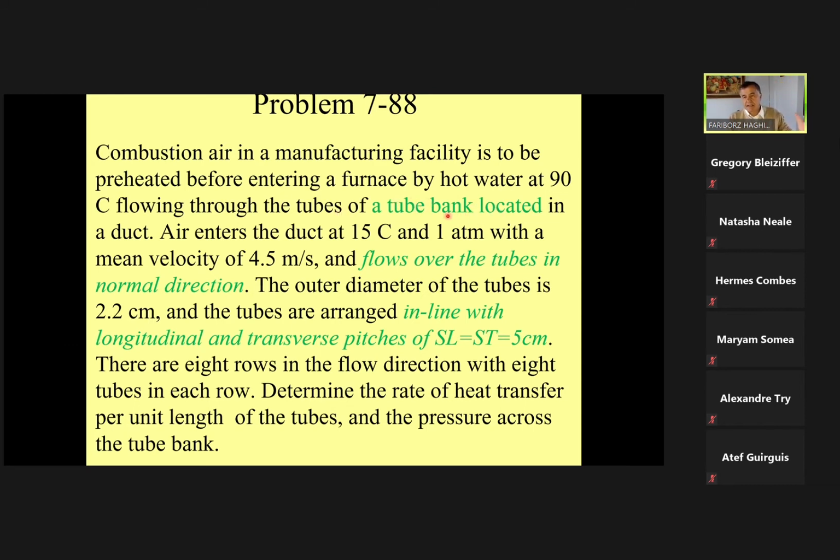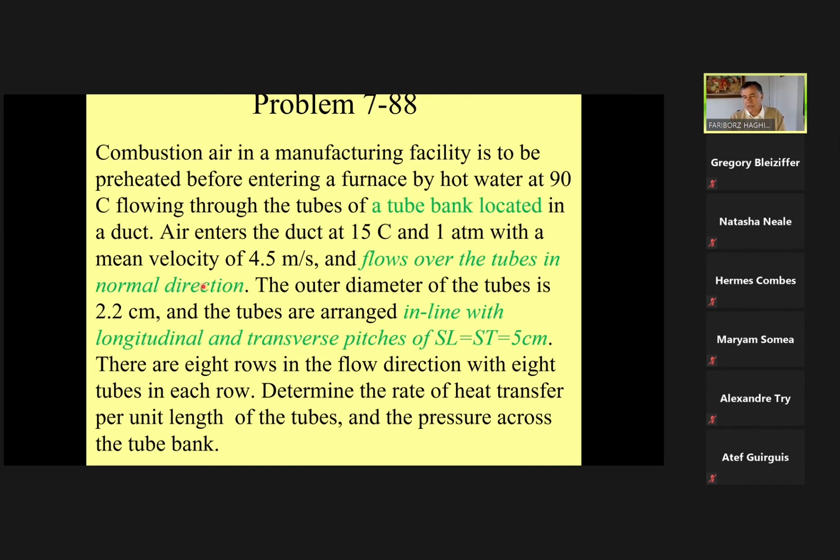We pass the air to preheat it in order to improve the efficiency of the furnace. The air comes this way and flows over the tubes. Exactly as I mentioned, it's a heat exchanger. We have a number of tubes placed, and we pass air through them to preheat it in order to improve the performance of the furnace, okay?